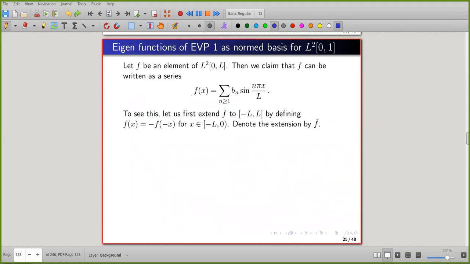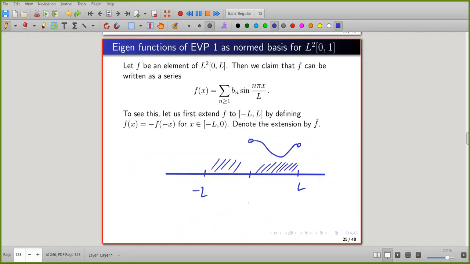So to see this, the idea is we first extend f to minus L comma L by defining it in an odd way. We extend it as an odd function. So our f is a function which is defined in this region, and we extend it to this region, right? Suppose the graph of f was like this, then we reflect it.